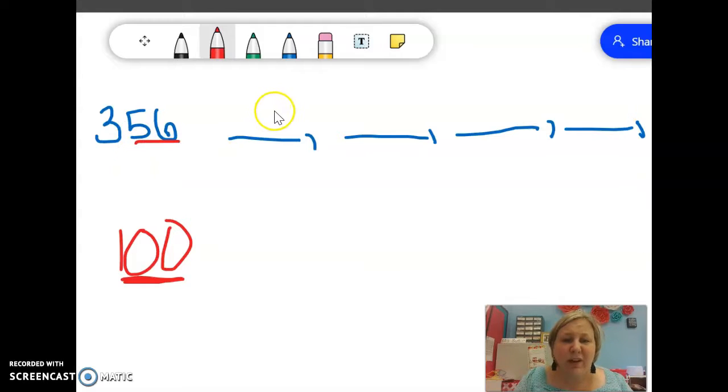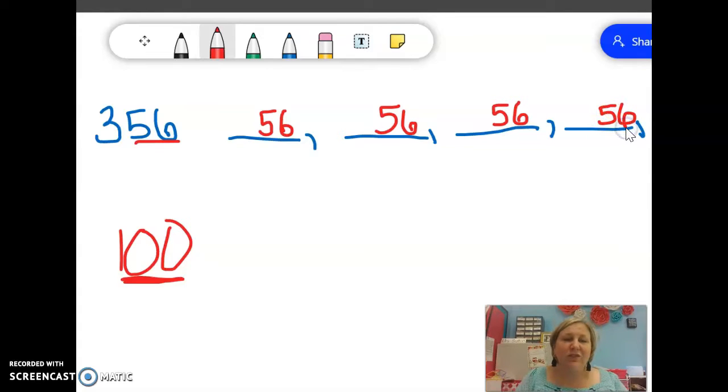So I'm going to go ahead and fill in. I know that all my numbers are going to end in 56 because my tens and my ones do not change while I am skip counting. So the only thing that's going to change is my hundreds place.